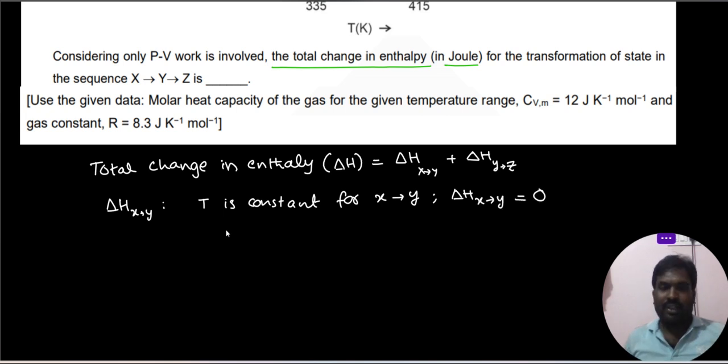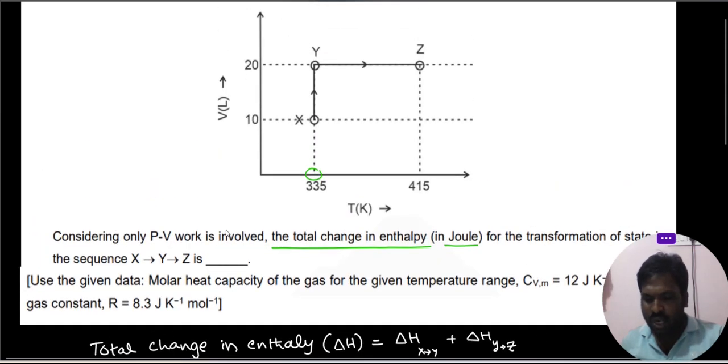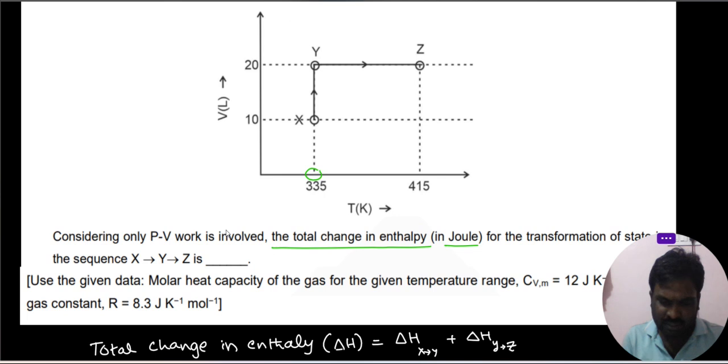Understood? Now we need to calculate the change in enthalpy for Y to Z. Y to Z is an isochoric process. Why? Observe which is constant here: volume is constant.